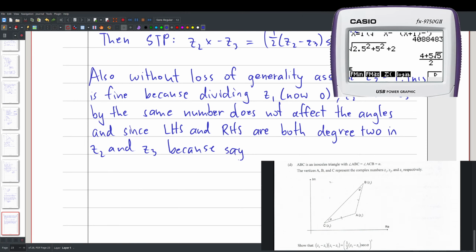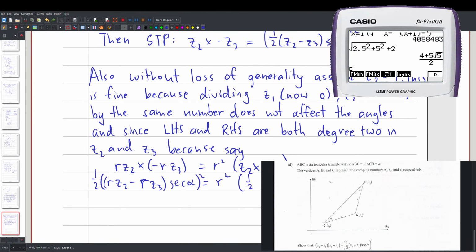Say rz2 times negative rz3 equals r squared, z2 times negative z3, and a half rz2 minus rz3 sec alpha squared equals r squared, a half z2 minus z3 sec alpha squared.